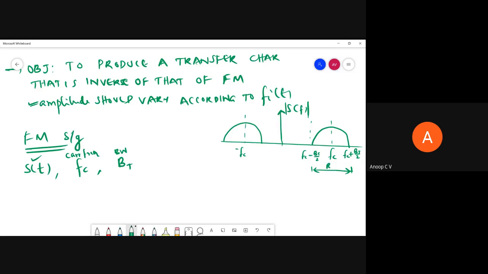So it's not that the FM signal won't have components above FC plus BT by 2 or below FC minus BT by 2.